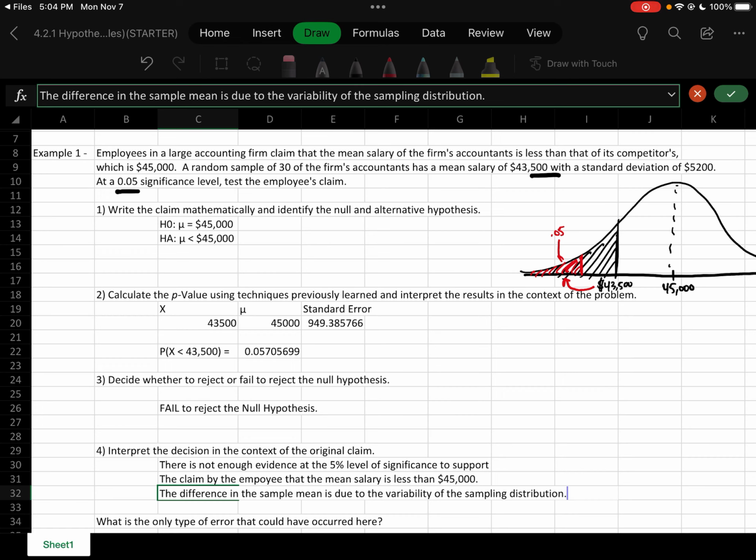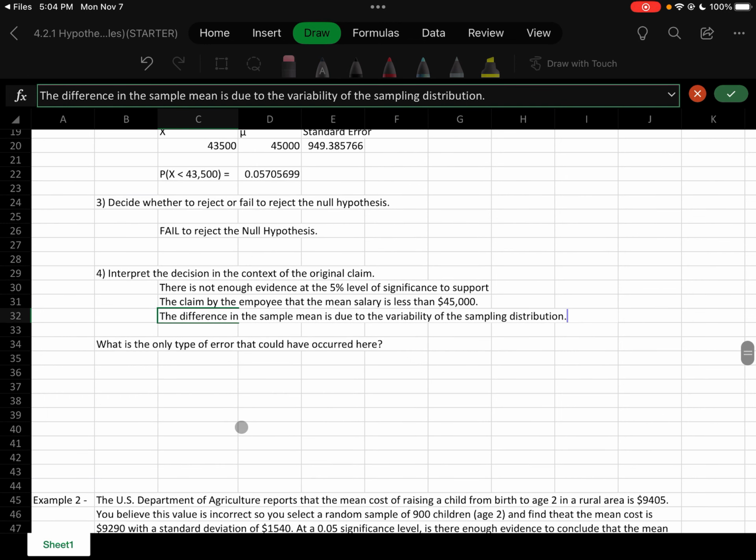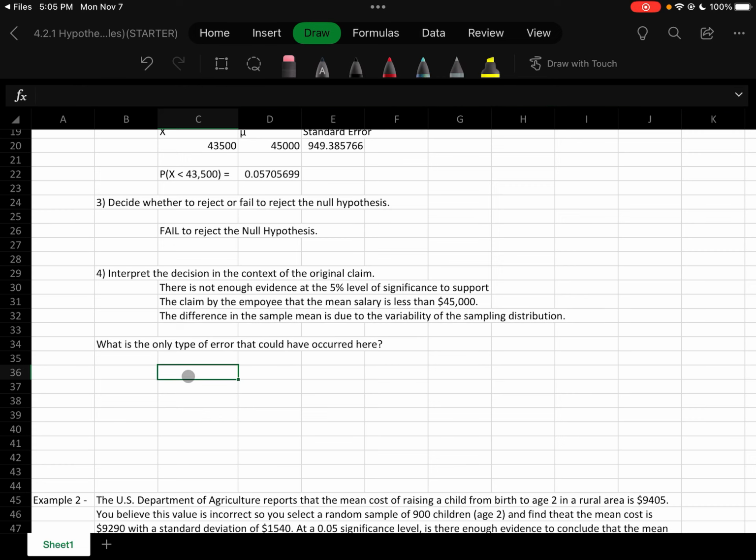So this is actually a little bit farther in. So it's not quite 3 standard deviations, but we're still saying we want this significance level of 0.05. So we have failed to reject the null hypothesis. So that means we are saying that whether we're right or wrong, the $45,000 is the mean of the population. That's what we're saying. The mean is $45,000.